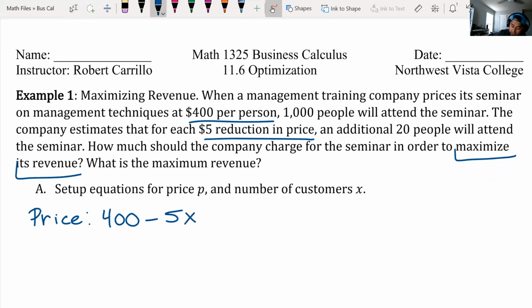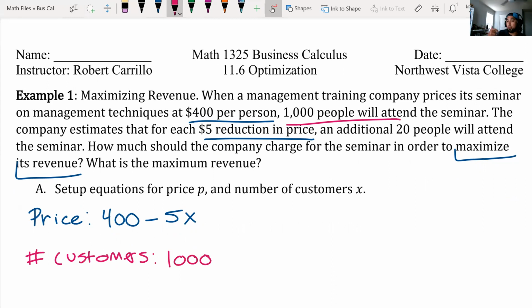And now we need a number of customers equation. Well, at $400 per person, 1,000 people will attend. So we know that 1,000 people are coming already.